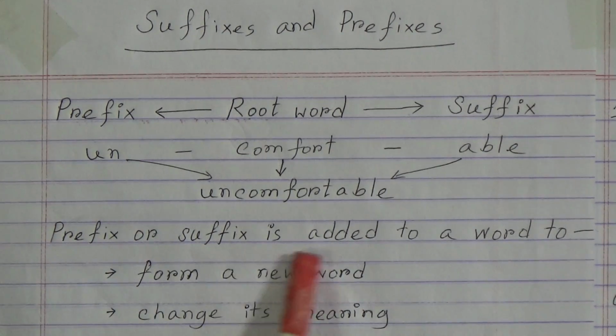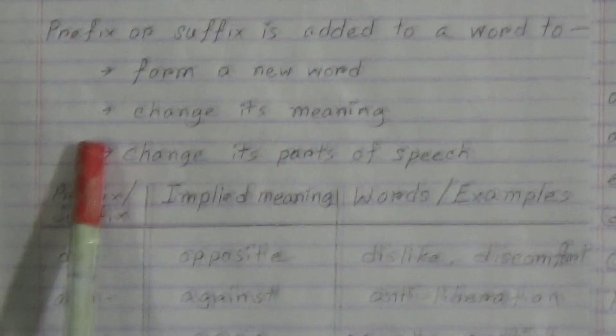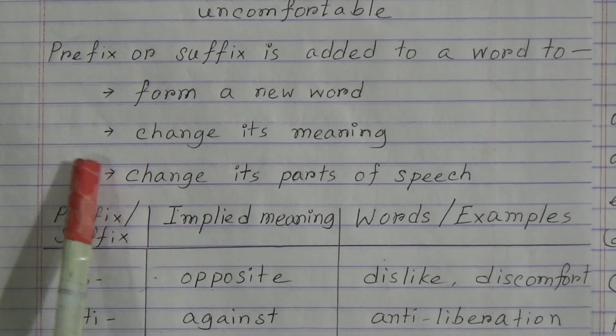Prefix or suffix is added to a word to form a new word, change its meaning or change its part of speech. All these functions can be achieved by using prefix or suffix with a word.